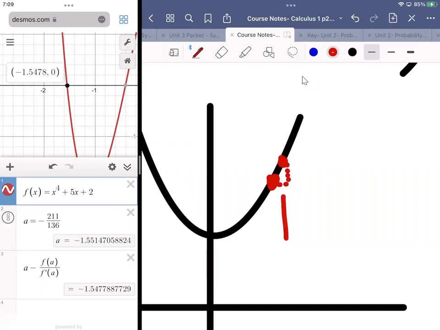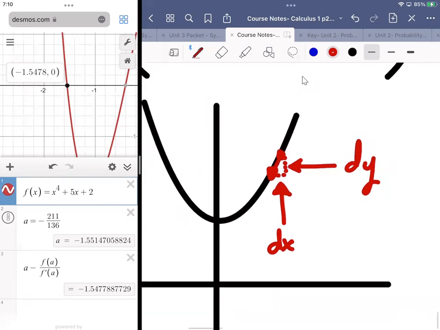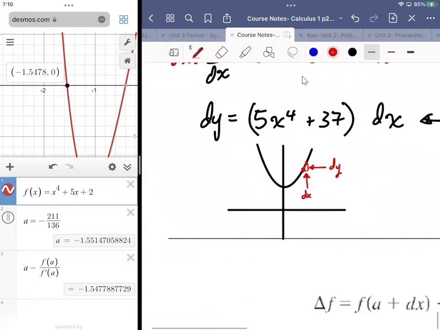That infinitesimal spacing horizontally is known as dx, vertically is known as dy. So that's what dy dx has meant for us.